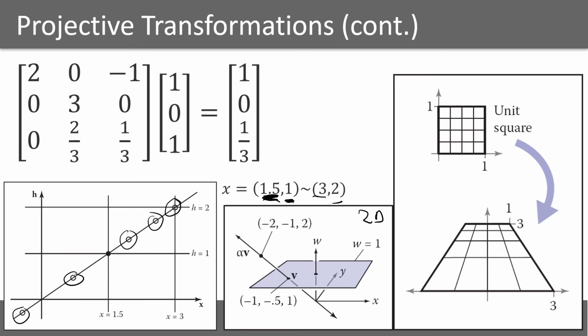So here we have one example on the right hand side where we have a unit square with points 1, 0, 0, 1, 1, 0, and then point 0, 0, and point 1, 1, a unit square.